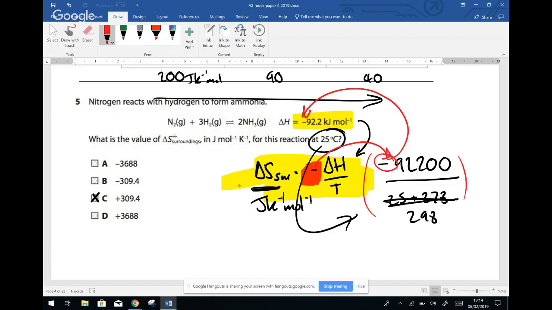So this needs to be in a bracket with a minus outside it. A minus and a minus becomes a plus. So we get minus 92200 divided by 298, and I get a value of minus 309.4. Everyone chooses B, and they're wrong, because you now need to flip the sign: it's a minus bracket minus 309.4, which gives plus, and that's C.